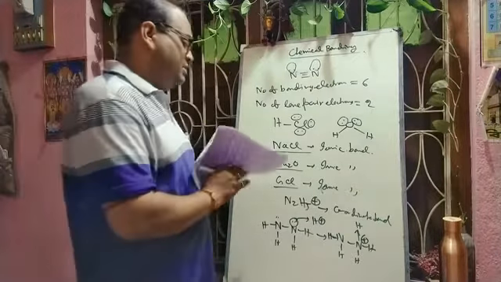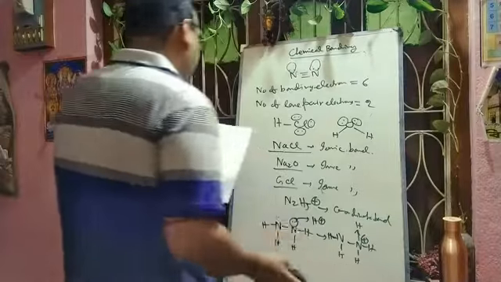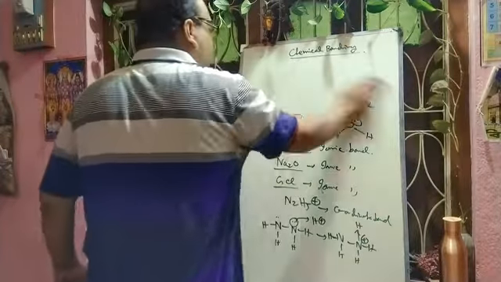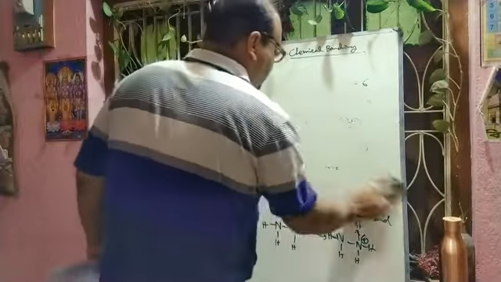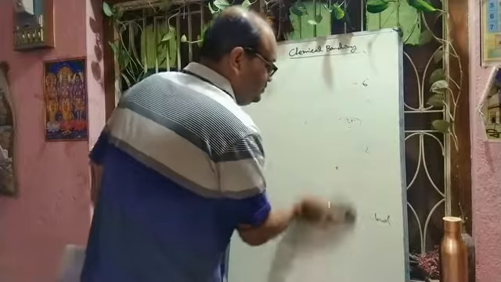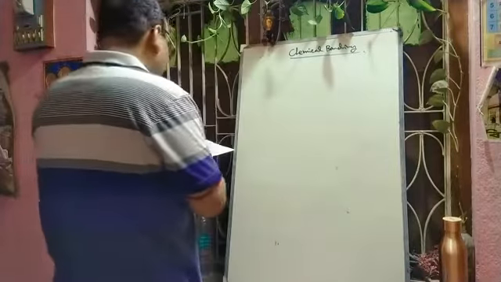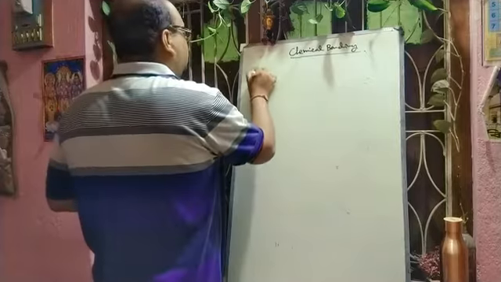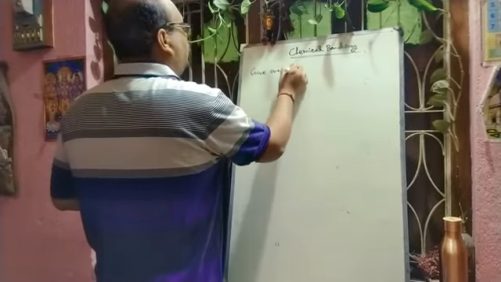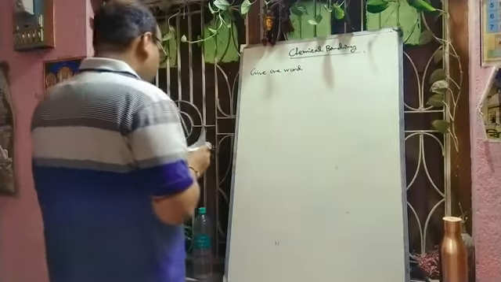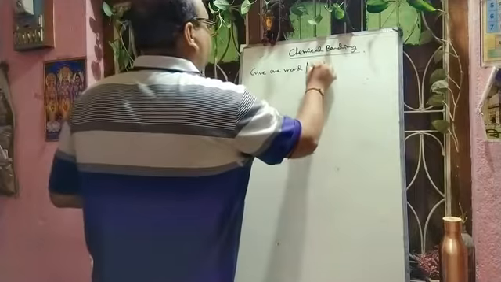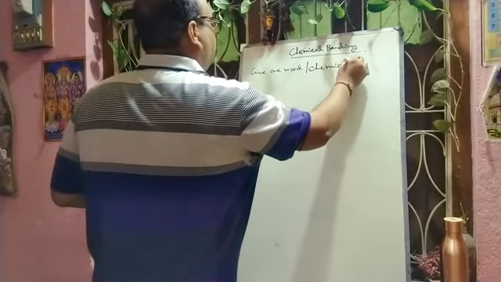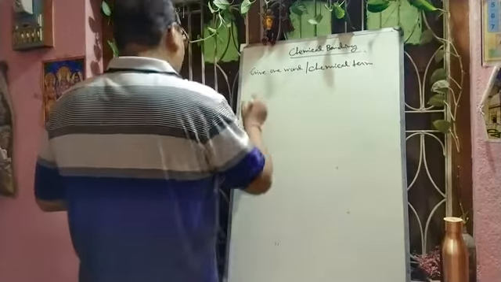Next, give one word or chemical term for the following. This type of question is also important in the chemical bonding chapter.